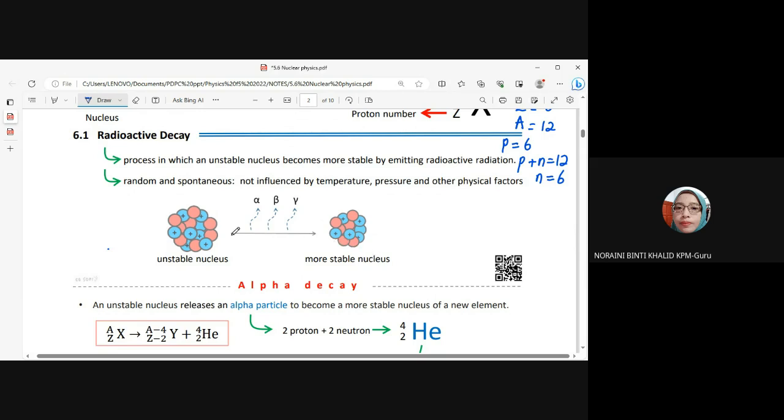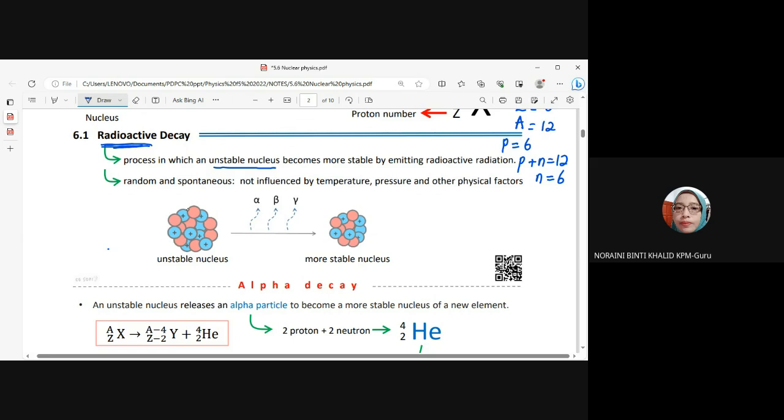Okay, radioactive decay. So topik ni we discuss on the radioactive substance. Apa maksud radioactive? Dia sangat aktif lah maksudnya kan. It is unstable nucleus. We mention about radioactive substance means unstable nucleus.